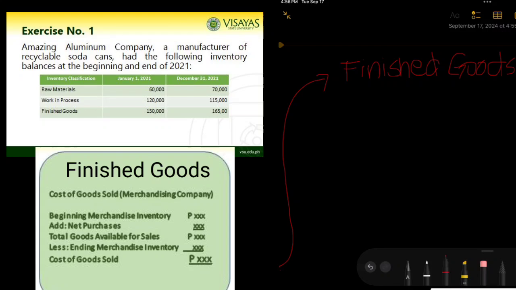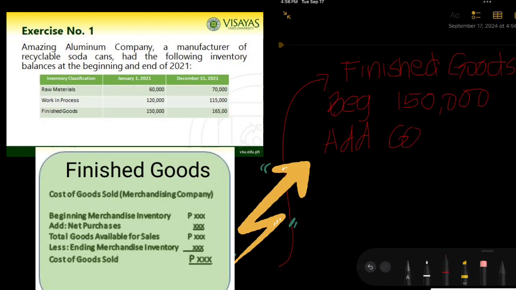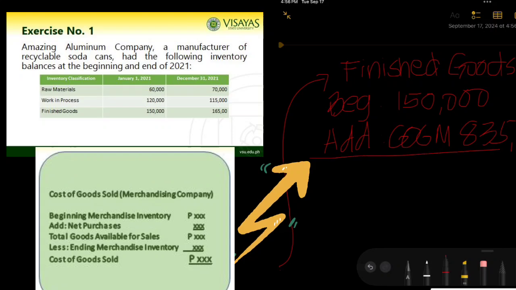So, sa finished goods naman, dito natin i-forward yung cost of goods manufactured. So, we start with the beginning inventory ng finished goods, which is 150,000. And then we add the cost of goods manufactured na galing dun sa work in process natin, which is worth 835,000. This would total to 985,000. So, itong 985,000 na to, ito yung total goods available for sale.